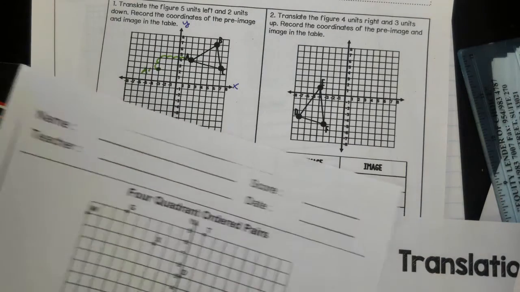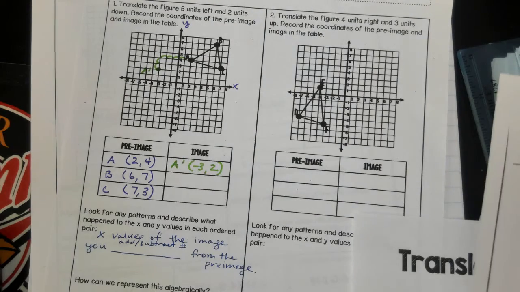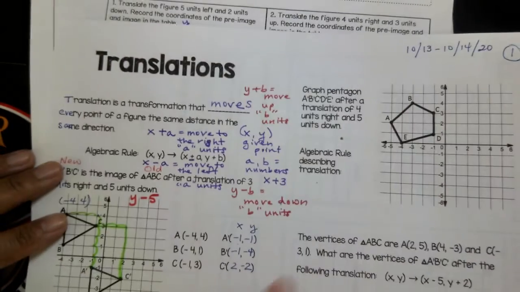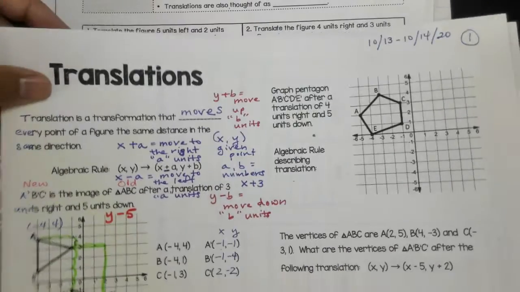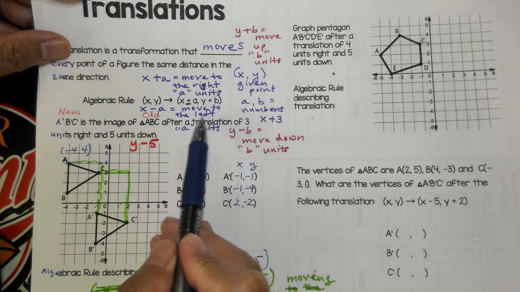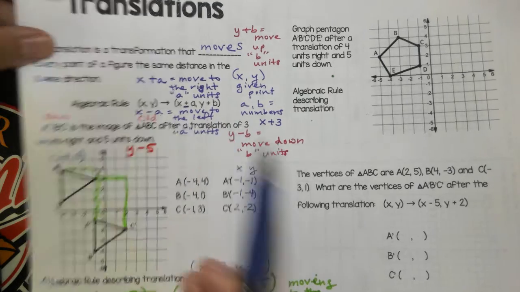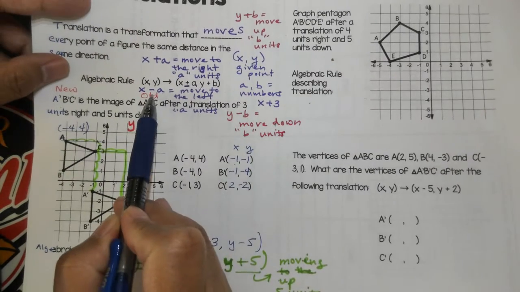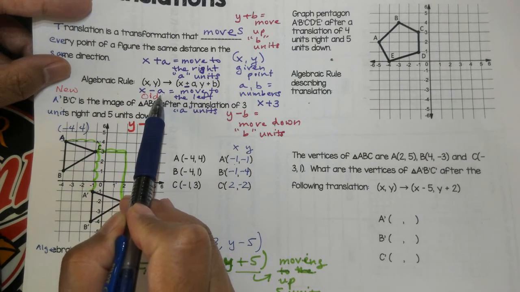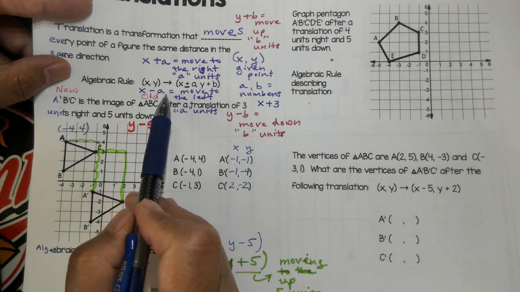You have your notes from what we took so far. Here it is. If it's moving to the left, you know that you are subtracting. Okay, so you're subtracting about 5 units.